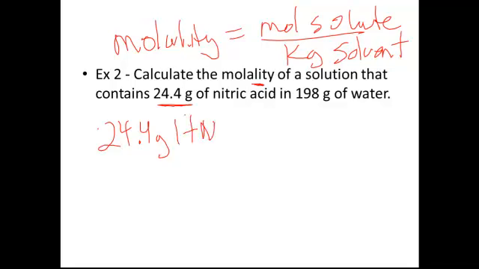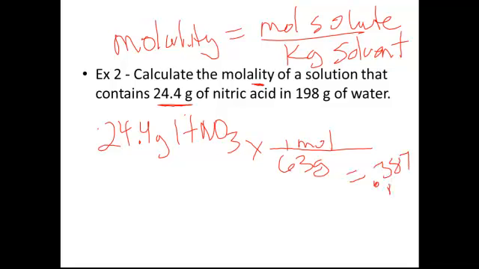So it's HNO3. And so then we go to the periodic table. The molar mass of nitric acid is going to be 1 plus 14 plus 48 for my 3 oxygens. So that equals 63 grams in 1 mole. So now I'm going to take 24.4, divide it by 63, and that equals 0.387 moles.